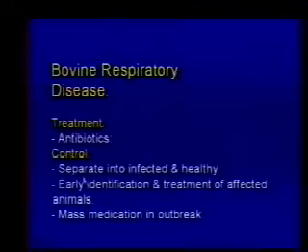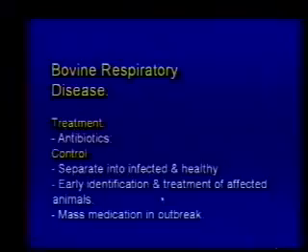So obviously, if we start having animals that begin to show signs of a respiratory component, we want to separate these animals into infected herds so that they don't contaminate the healthy cattle. Early identification and treatment of the affected animal, I think, is critical.